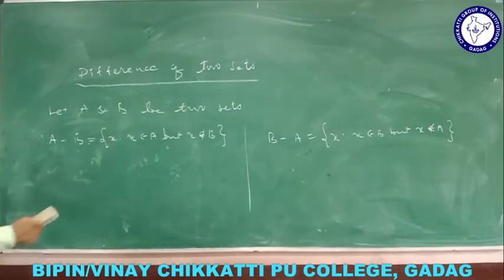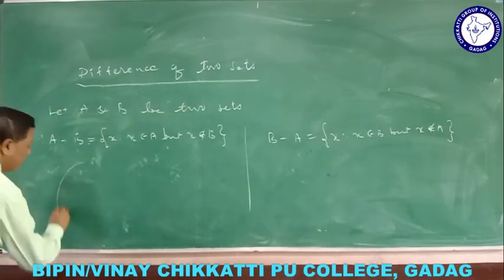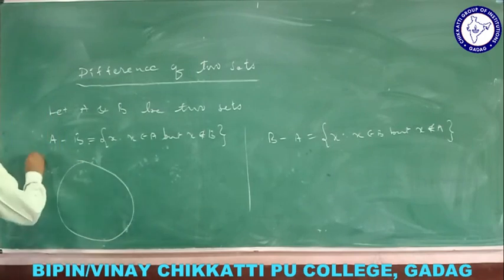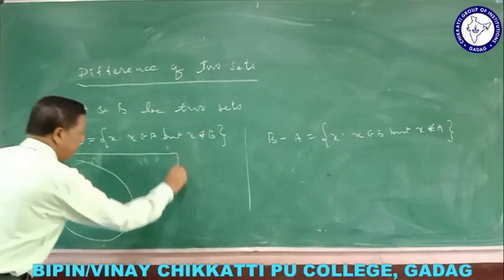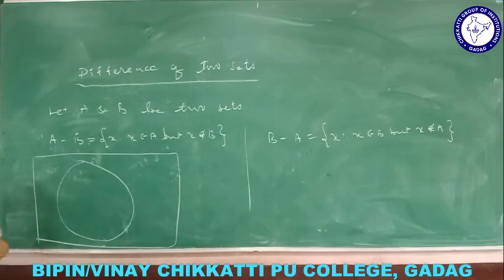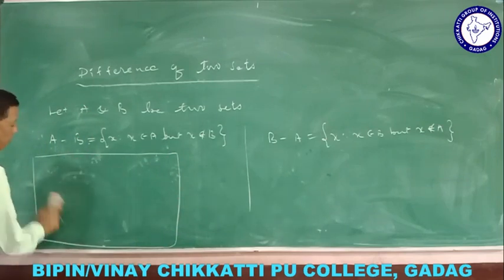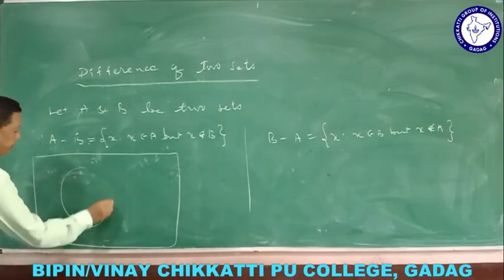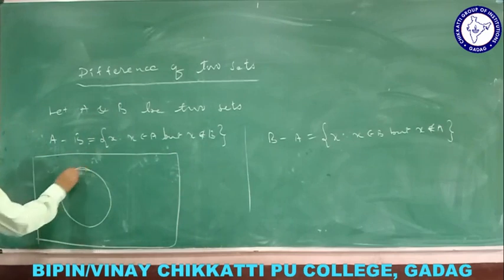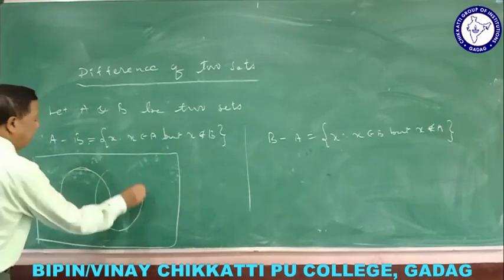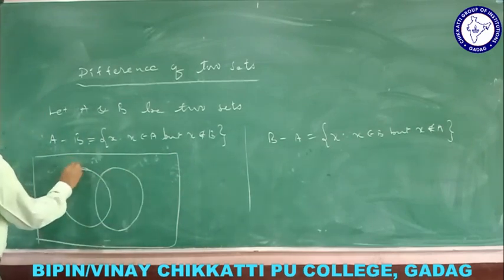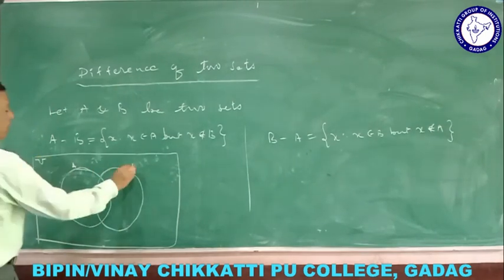But how do we represent this in a Venn diagram? Whenever you go for a Venn diagram, you draw the rectangle and take two sets. See this, this is A, this is B, and this is U. What do I say?